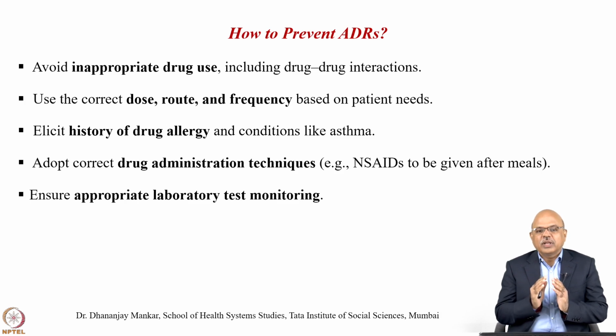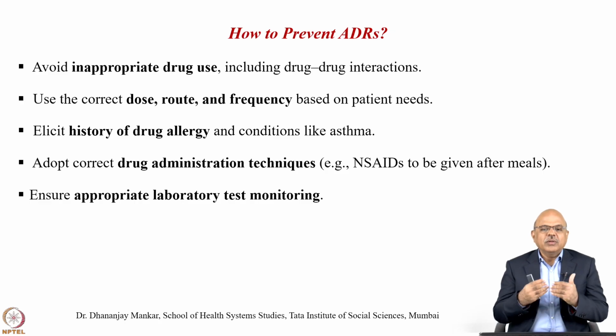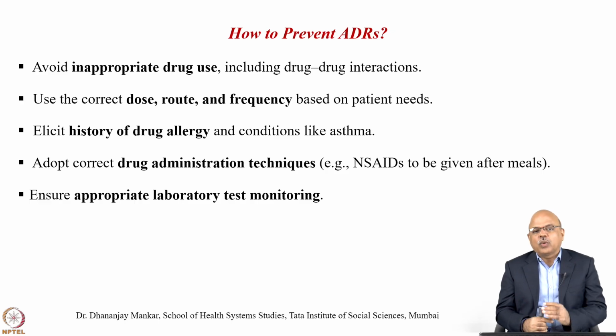History of drug allergy and conditions like asthma need to be taken care of properly. Adopt a correct drug administration technique. For example, non-steroidal anti-inflammatory drugs should be given after meals to avoid the major side effects likely to happen with these drugs. Ensure appropriate laboratory test monitoring, which is very important to prevent ADRs.